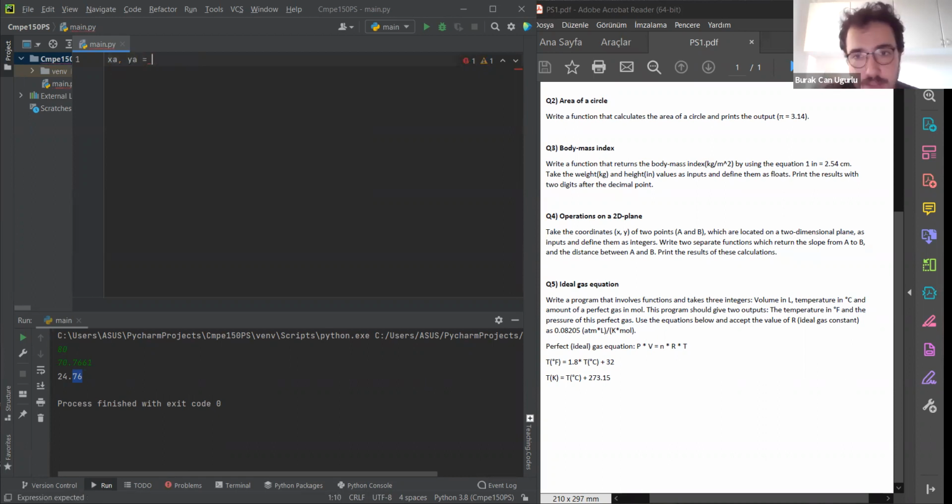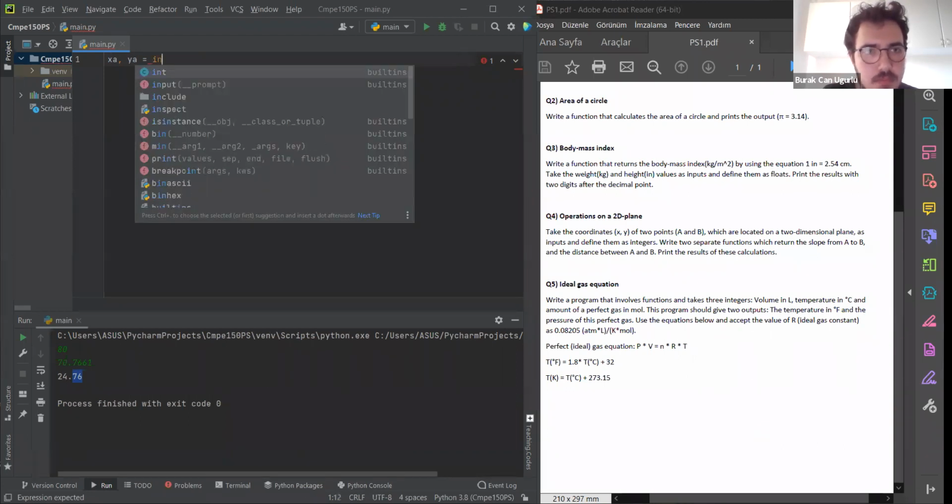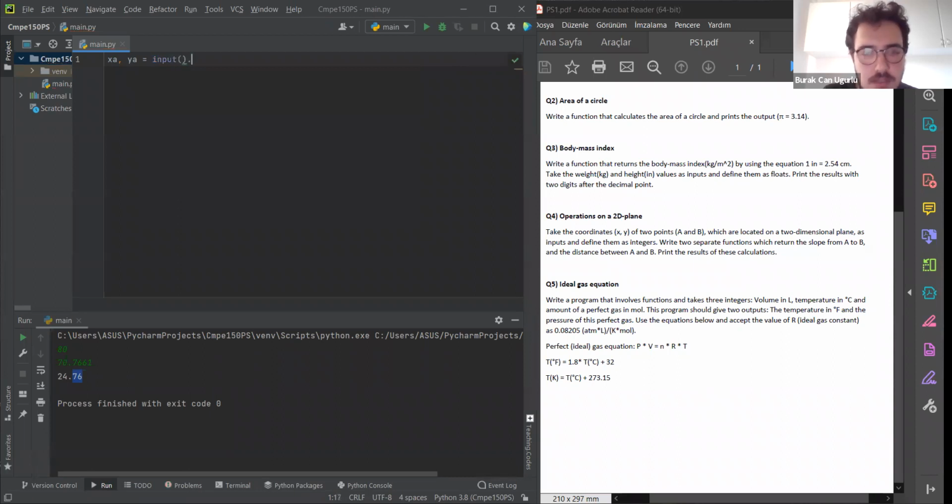So we can first take the coordinates of the first point A, and these are given as input, and they are split by a comma.